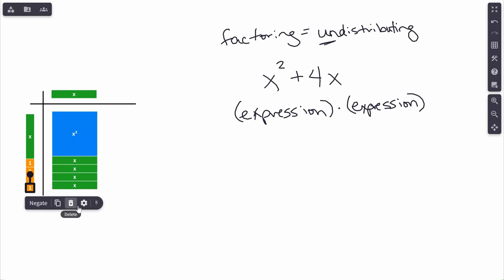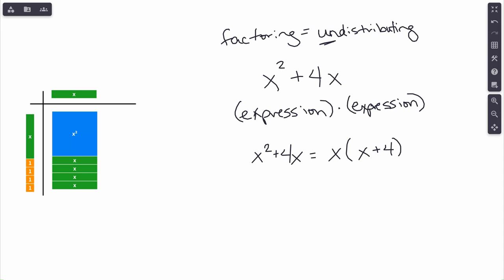And so this x squared plus 4x is actually equivalent to, I have the same amount of area covered if I arrange it in a way that is x across times x plus 4 down.